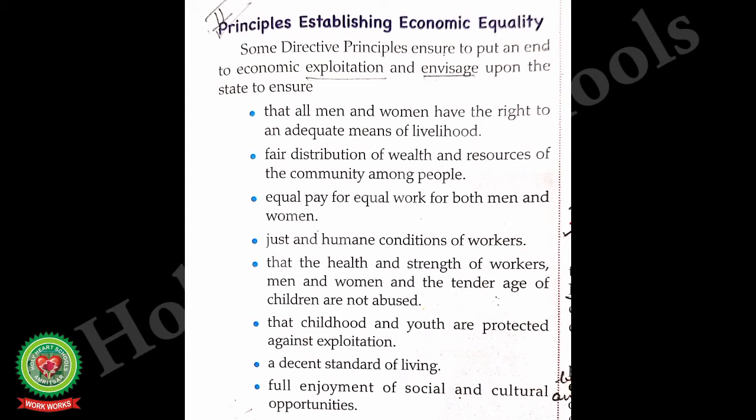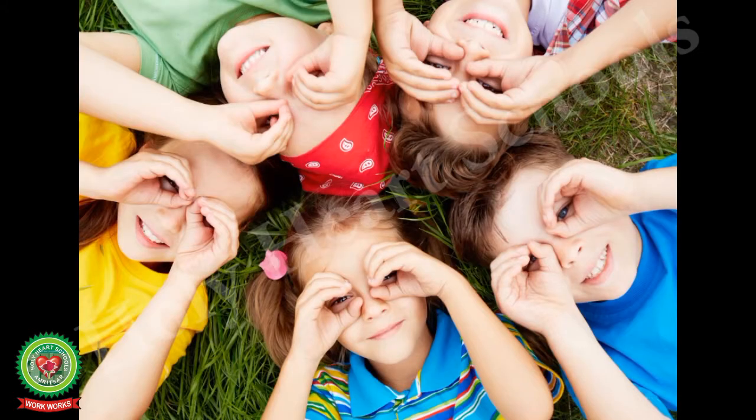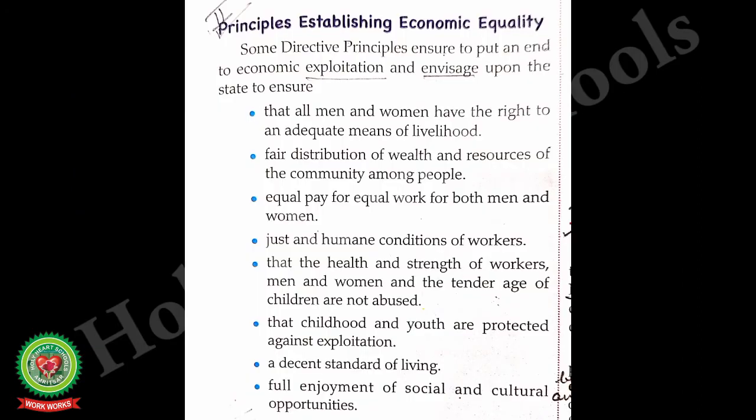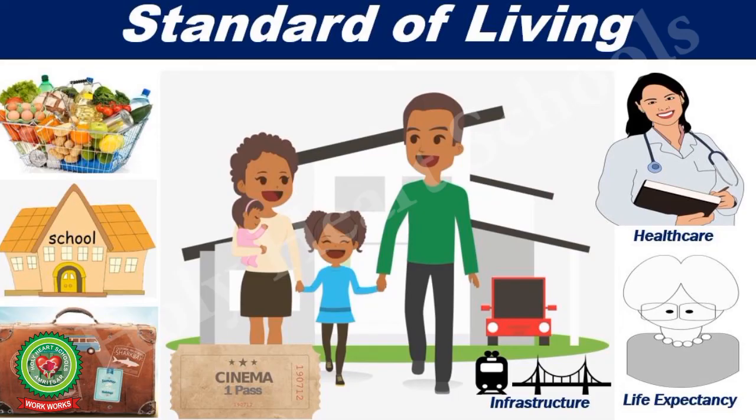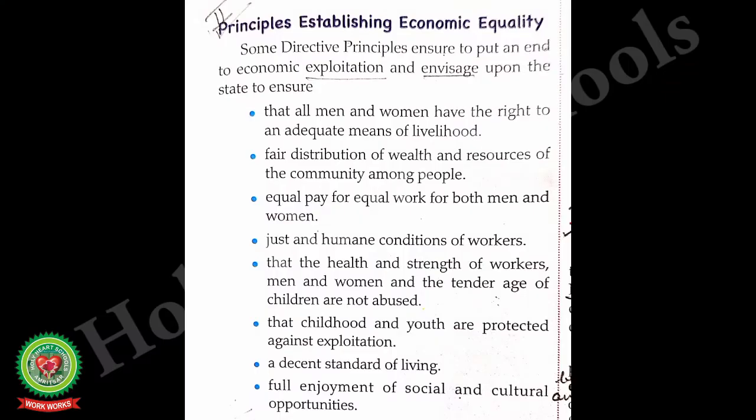Article 39F states that the state shall in particular direct its policies towards securing that children are given opportunities and facilities to develop in a healthy manner and in conditions of freedom and dignity, and that childhood and youth are protected against exploitation and unfair means. The state shall provide a decent standard of living and freedom should be given for full enjoyment of social and cultural opportunities.